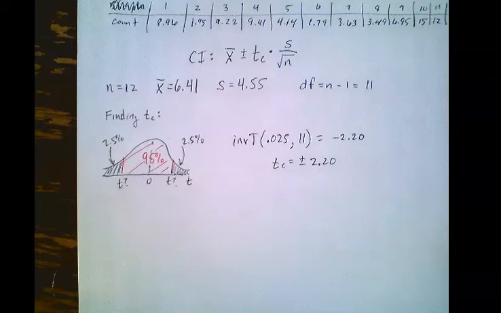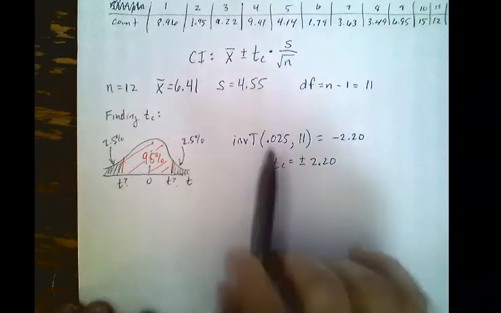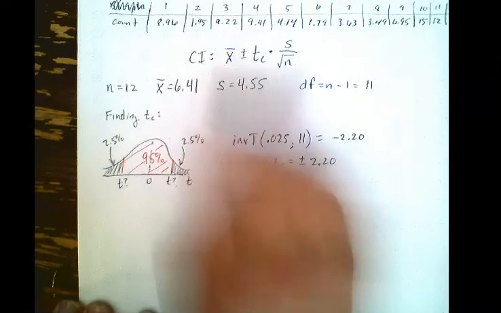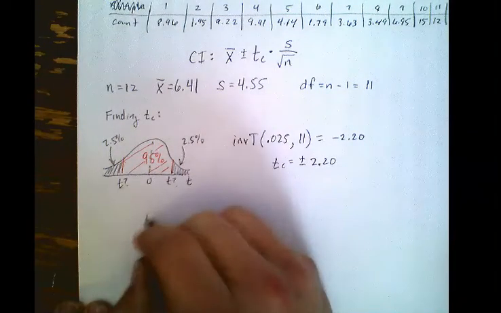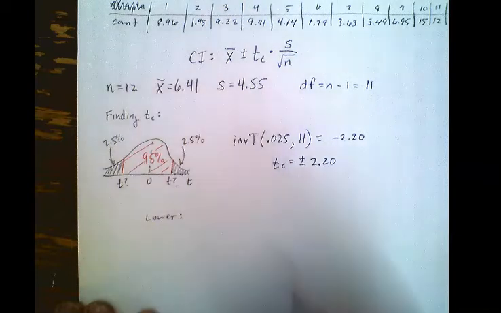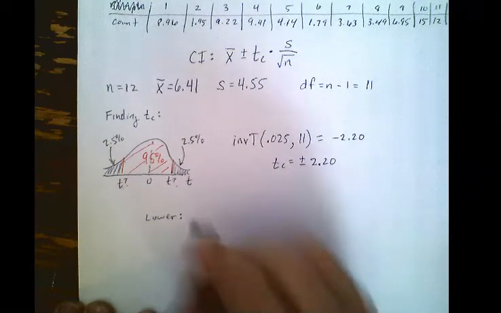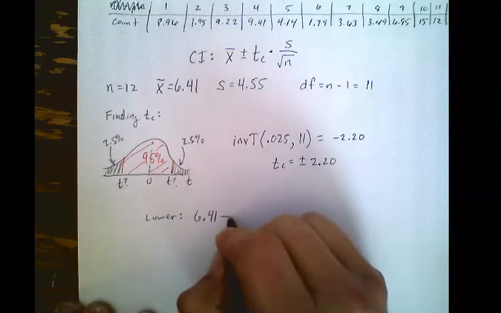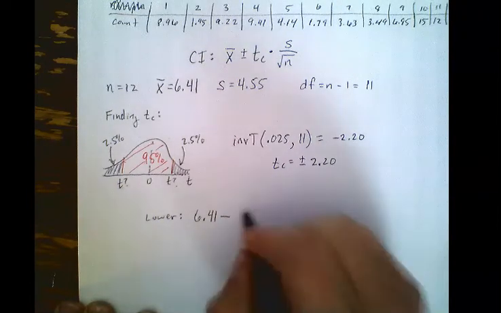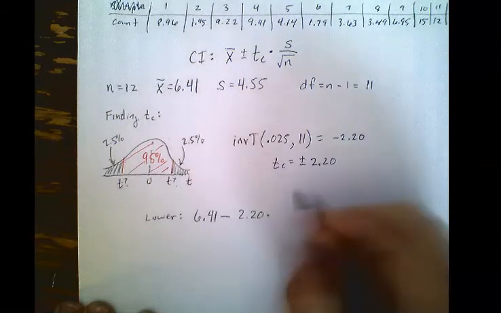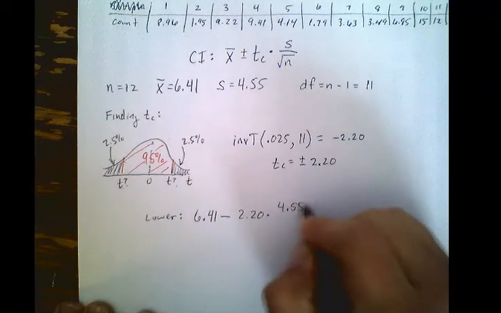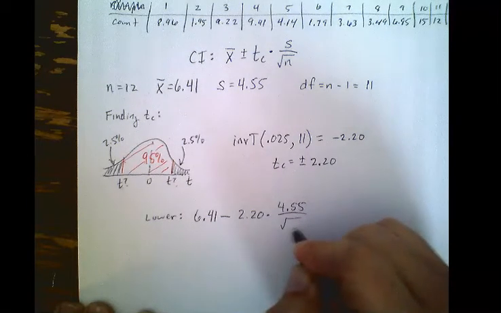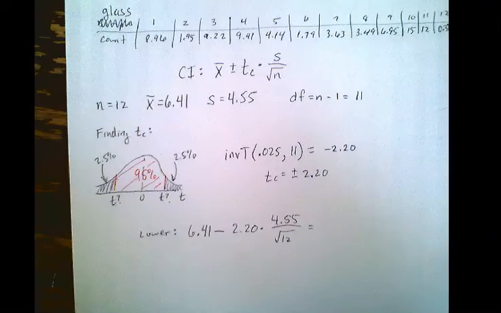So again, we're going to use our formula to make that range of values for our confidence interval. So for the lower bound, it's going to be x bar, that's 6.41, minus, it's the lower bound now, 2.20 times 4.55 over the square root of 12. Let's see what we get.